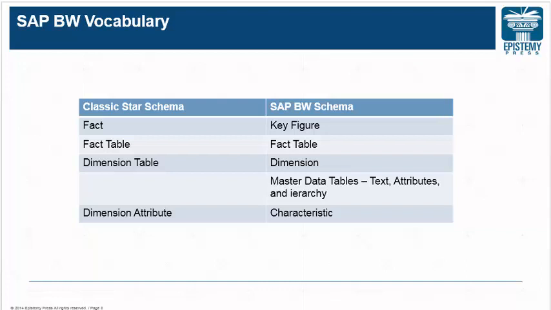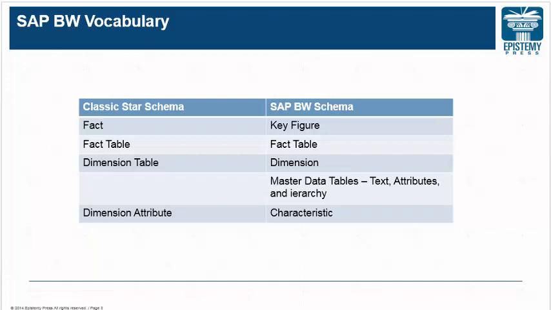However, when they call the table, they call the table a fact table. So a key figure is stored inside of the fact table. The dimensions are the different characteristics or attributes that can present information about the key figure.